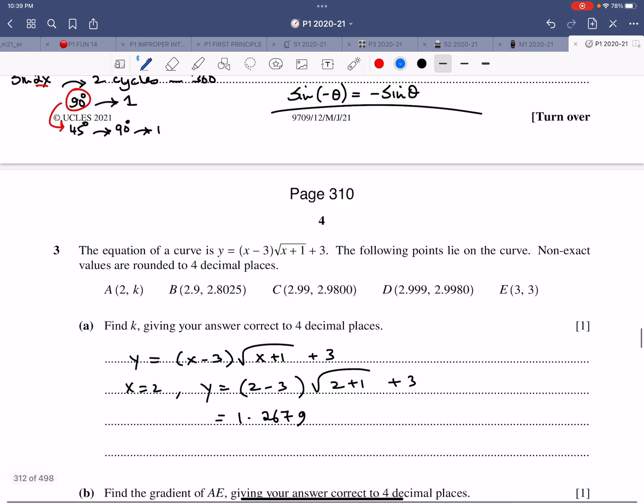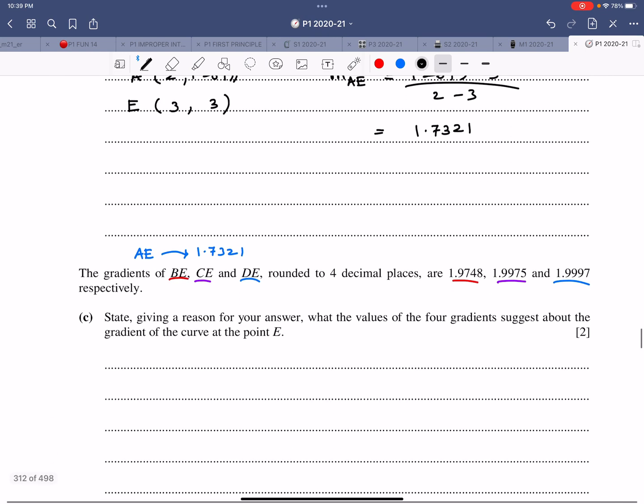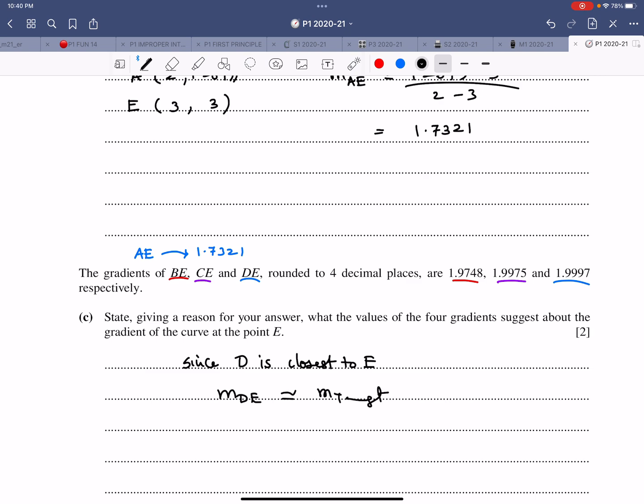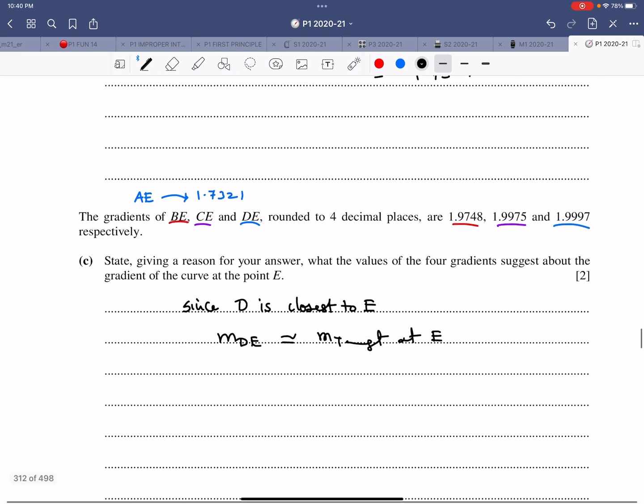So this particular question is about differentiation. It's about the concept of first principle, and what it says is, what does the four gradients suggest about the gradient of the curve at E? So since the point D is closest to E, gradient of DE is approximately equal to gradient of tangent at E. So this is 1.9997.